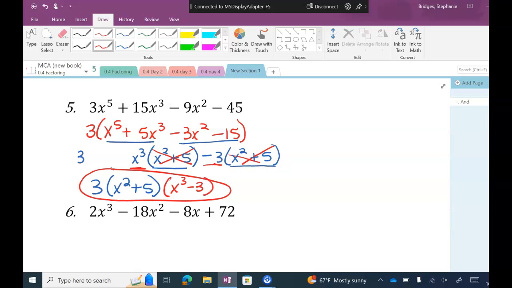When you do pull out a GCF, if it helps you, like when I pull that 3 out, maybe just skip a couple of lines and put that 3 in the front, and just know that it's going to be included in your final answer.